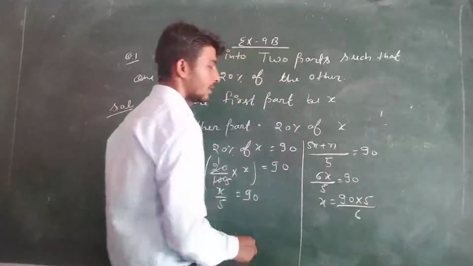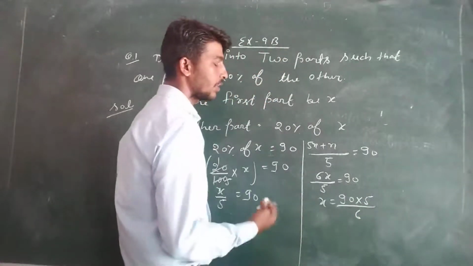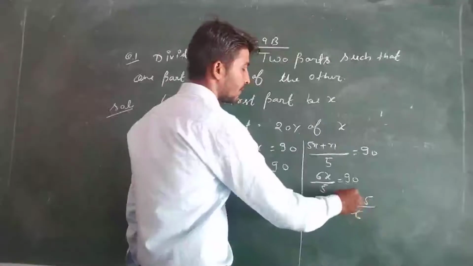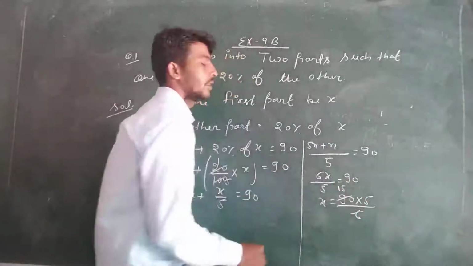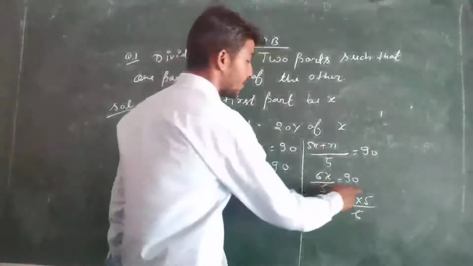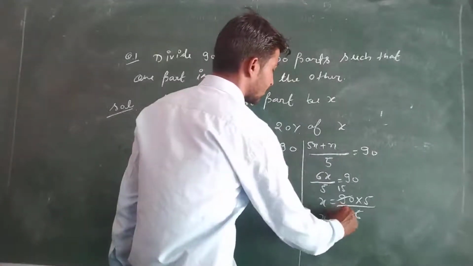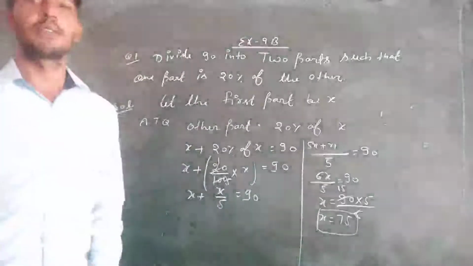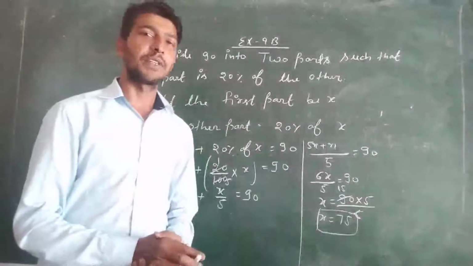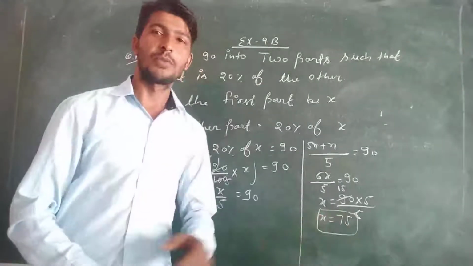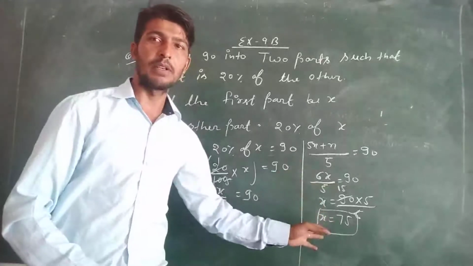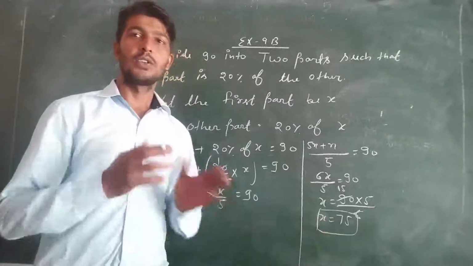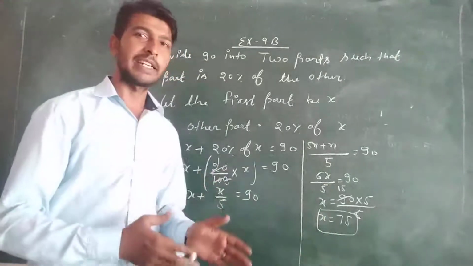When we reduce this fraction, 6 times 15 is 90, and 15 times 5 is 75. Means the first part is 75. First part is 75.